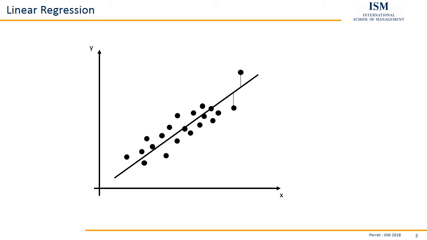However, we can consider the absolute. If we do this, however, we will have a problem because the absolute as a function brings with it some problems when deriving this function. So this is also not a good choice, but what we can do is square this distance. This has two big advantages.